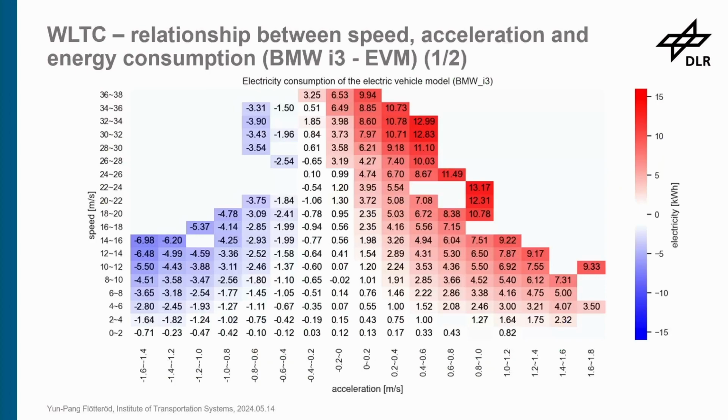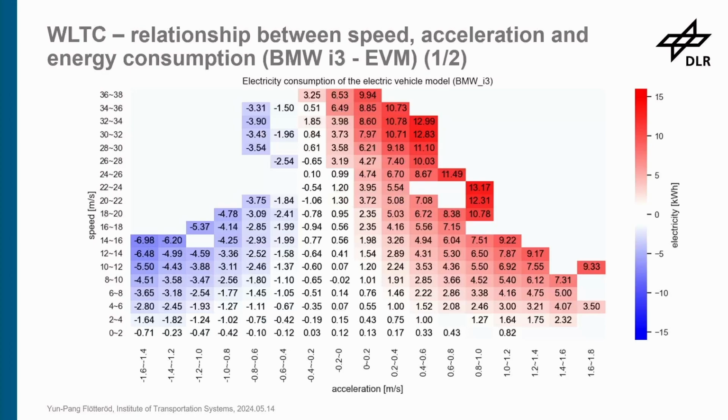So moreover, we look at the relationship between speed, acceleration and energy consumption. And here I just show you the example of the result of the BMW i3 with the EVM model. Again, the x-axis is the acceleration interval, and the y-axis is the speed interval.